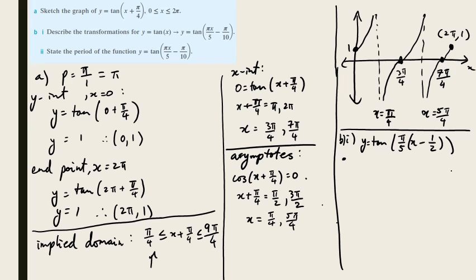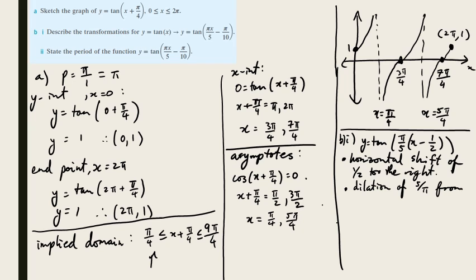So we have a horizontal shift of a half to the right. And we also have a dilation of 5 over pi from the y-axis, or if you like, parallel to the x-axis.